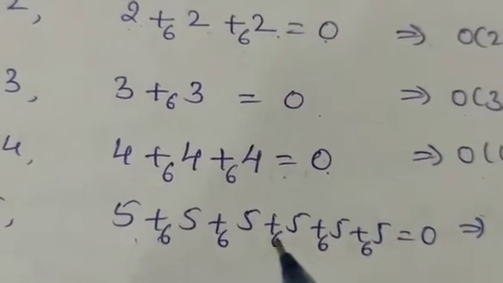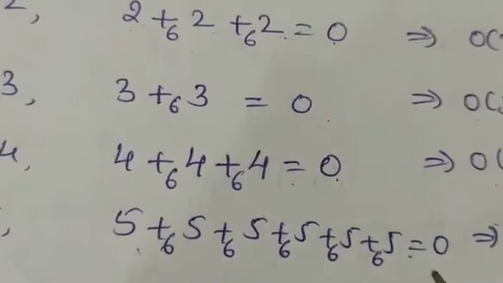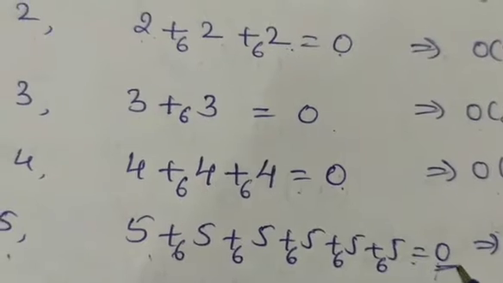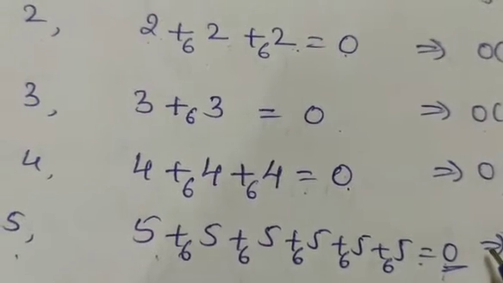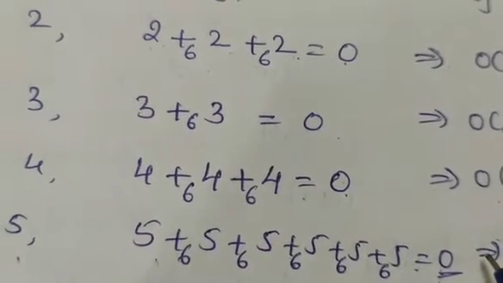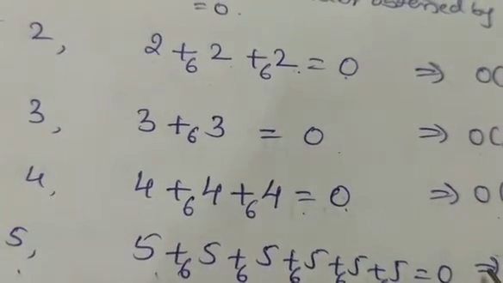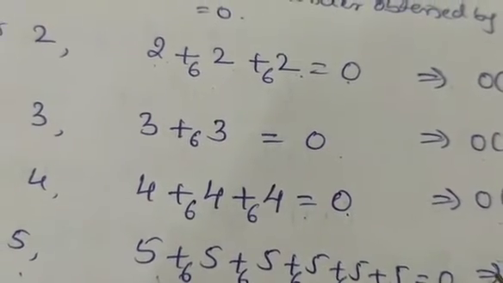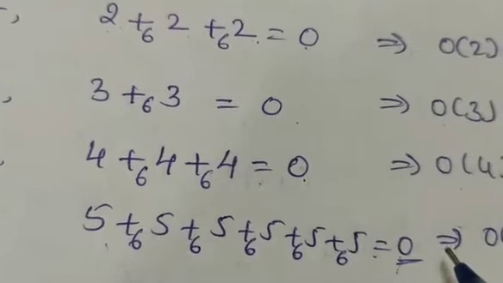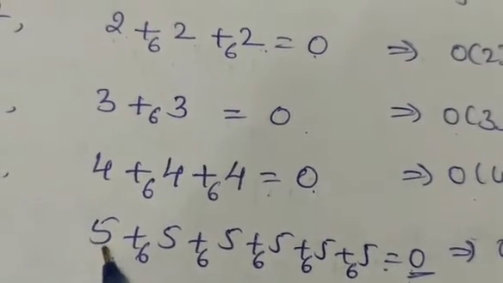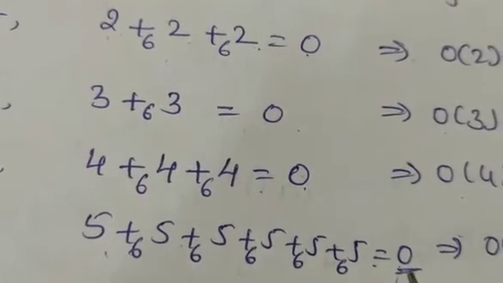Next element is 5. So for 5, we have to add 6 times. What you want to do here is get the sum as a multiple of 6 only. It should be either 6, 12, 18, 24, 30, like this only. So if you add 5 six times, you will get 0.